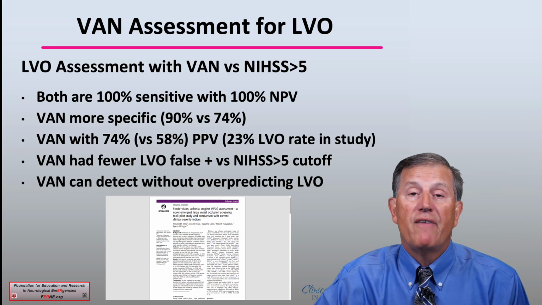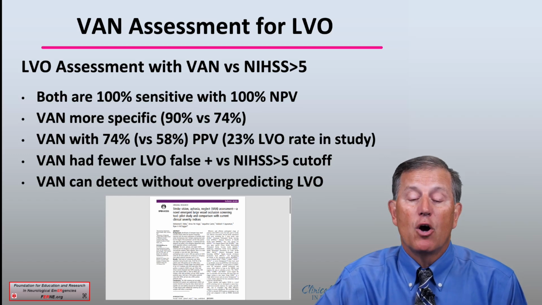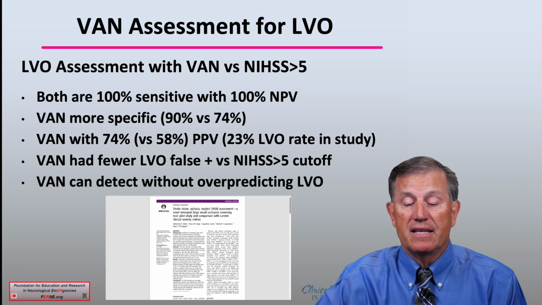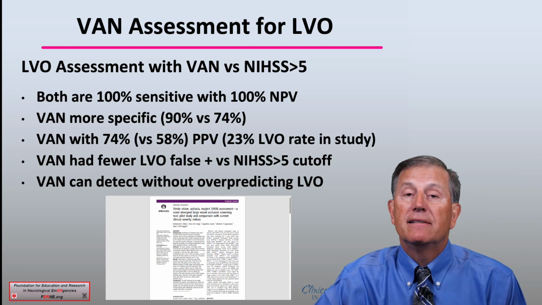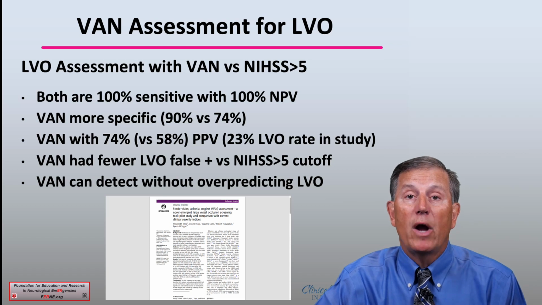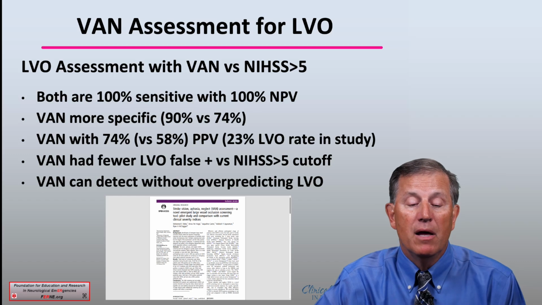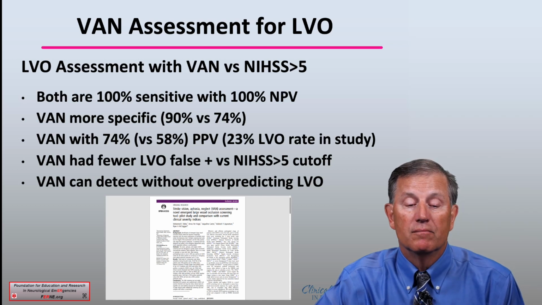In other words, VAN assessment had fewer LVO false positives versus the NIH stroke scale greater than 5 cutoff. And it does suggest that if you simply do a neuroanatomical clinical exam, VAN can detect the presence of an LVO without over-predicting the likely presence of an LVO.